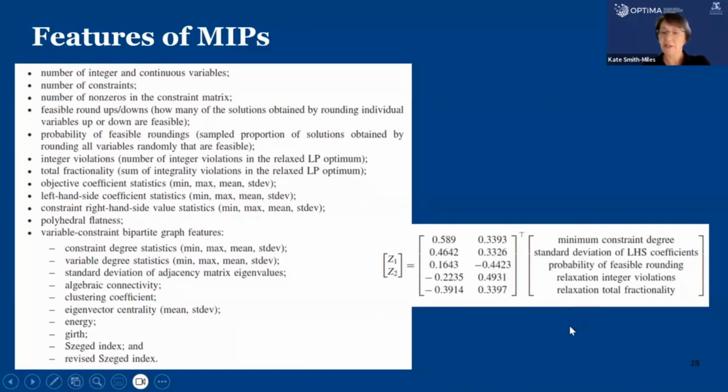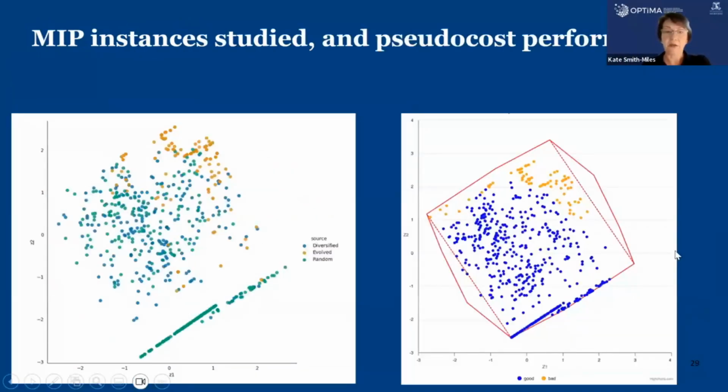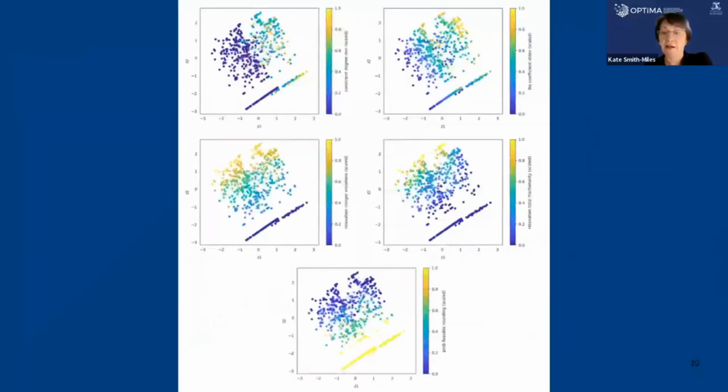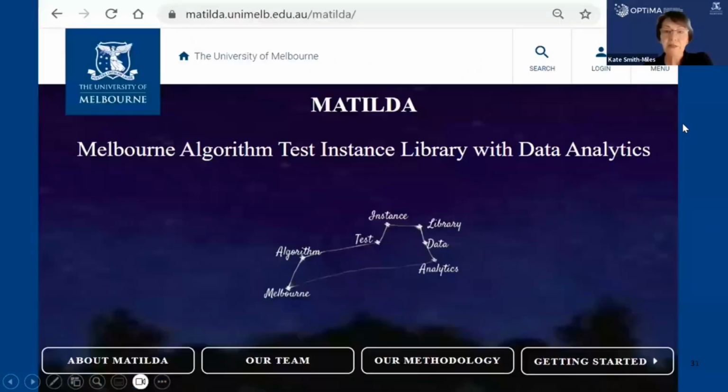So we selected some features, and we can look at the performance of strong branching and pseudo-cost branching, and decide for which kinds of instances different branching strategies are important. This was joint work with Simon Bowley, who works for Gurobi in Australia, and was my former PhD student.